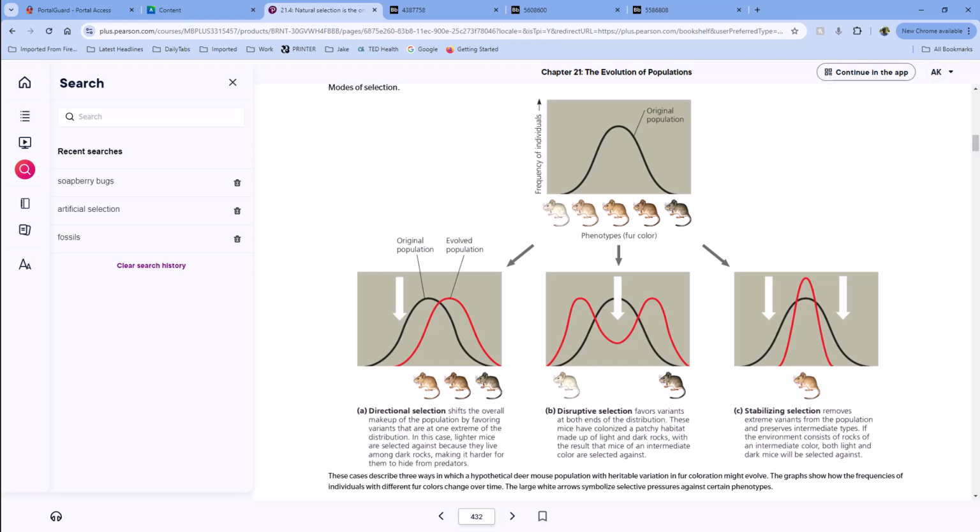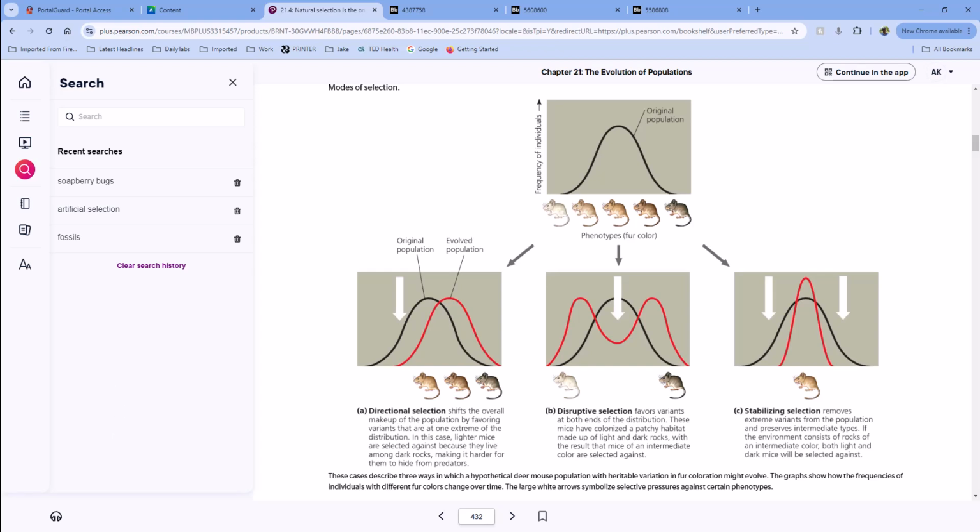And then the sickle cell we did in lab, and there is also a large story of that in your text that you can find with our balancing selection. That's the heterozygous advantage, figure 21.15.